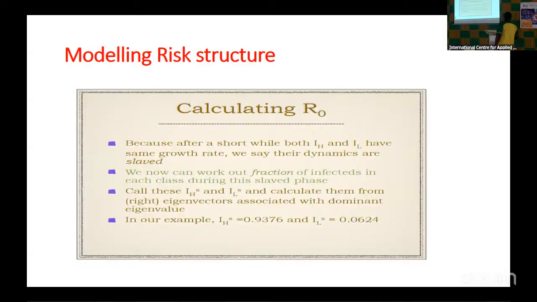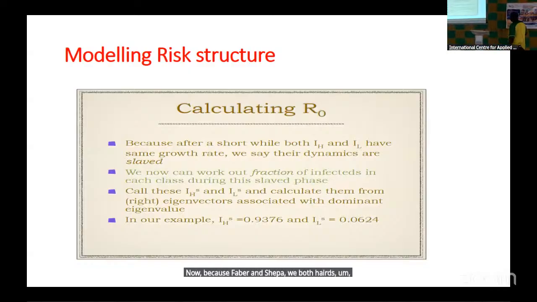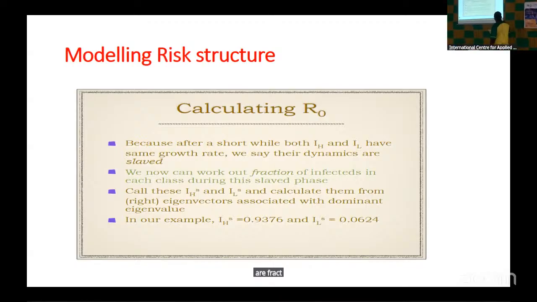Now, because after a short while both IH and IL have the same growth rates, we say their dynamics are slaved. And we now work out the fractions of infected in each class during this slaved phase.